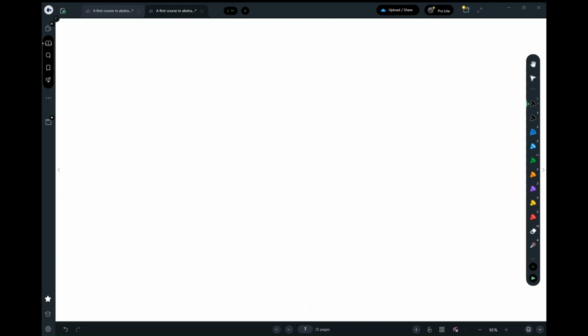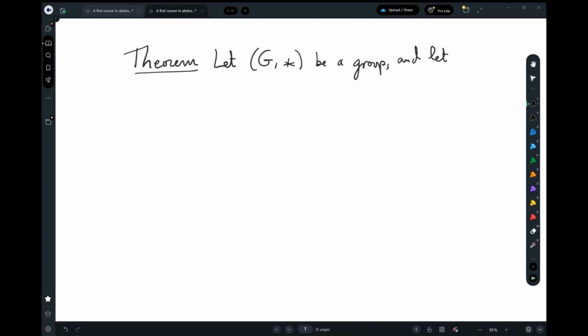Here's my first theorem that I'm going to prove for all groups: the neutral element is actually unique. So let G with operation star be a group, and let e be its neutral element.